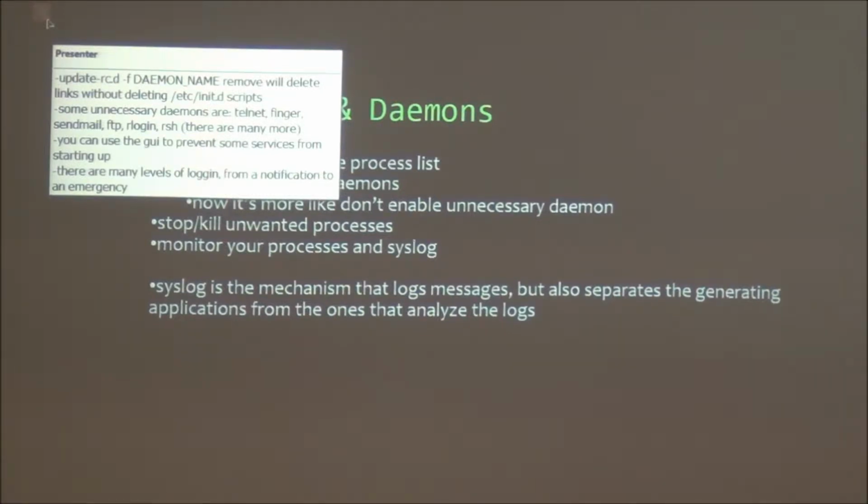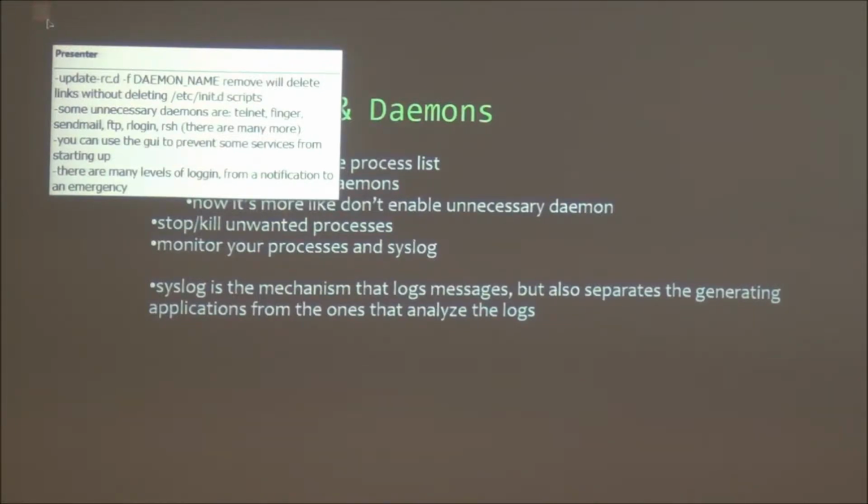Finger, we don't use that anymore. Not really. Sendmail. Unless you're running a mail server, you don't need Sendmail. And a lot of the distributions, Sendmail comes up because it wants to be able to send mail locally. So you're going to see an instance of Sendmail, even if you don't have it as a mail server. So basically, you want to send the email to the root account.